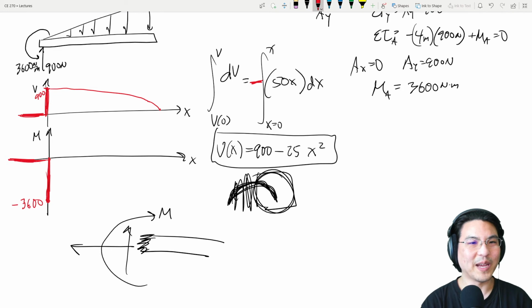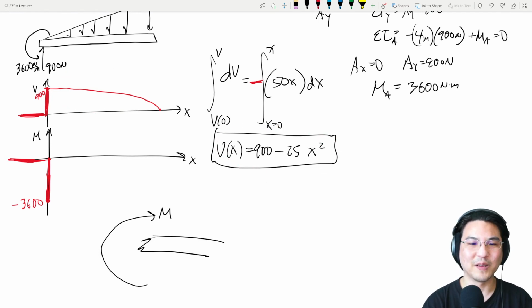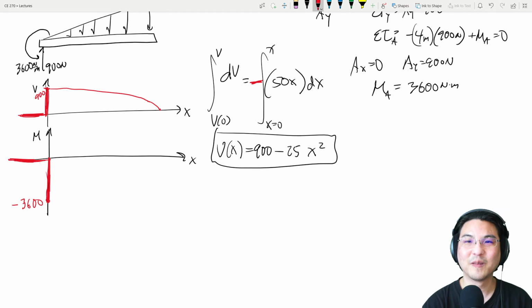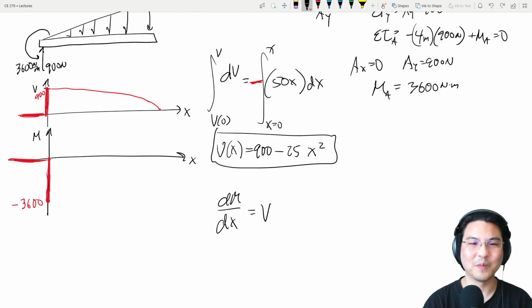Okay, and then what happens between here and here? There's shear that looks like this. So how do you solve for the bending moment? dM/dx equals V. And V in this example between 0 and 6 meters is 900 minus 25x squared.